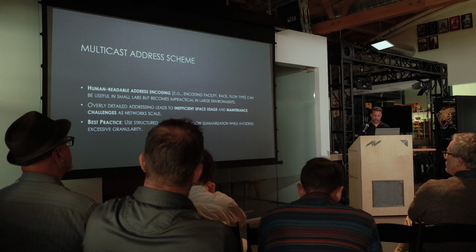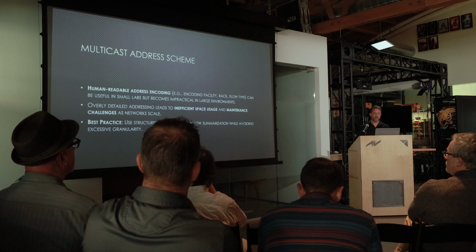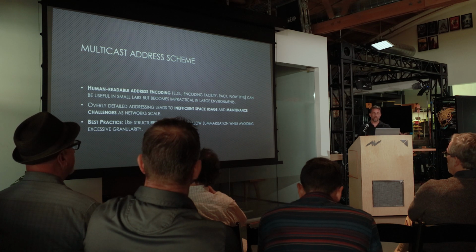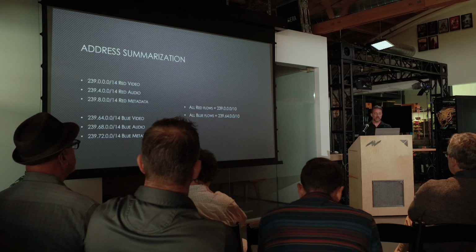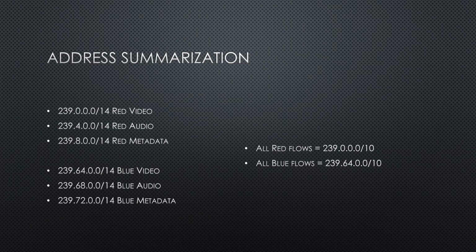And eventually, you could find that you're out of addresses to use, and you won't be able to maintain that scheme anymore. So best practice is to use a summarization approach, which will give you some information about what the flows are, but not quite at that level of detail. So an example of summarization might be to break up your flows by network, red or blue, and then further segment them into video, audio, and metadata, as you see on the left of the slide.